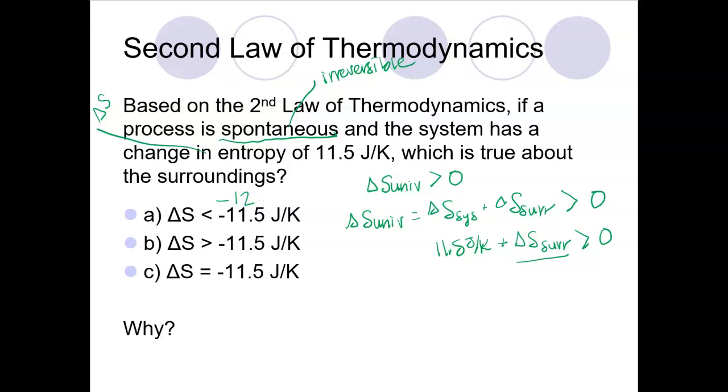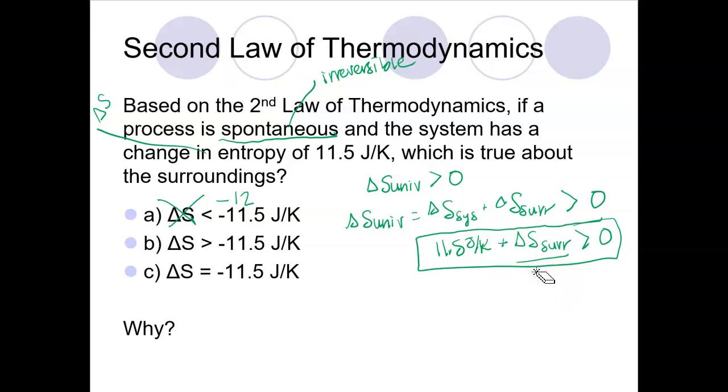So if delta S of the surroundings was negative 12, well, 11.5 joules per Kelvin plus negative 12 joules per Kelvin is not greater than 0. That would actually be a negative number. So what fits this? What will make this true? If delta S of the surroundings is negative 12, not okay. So I'm going to cross out A. I'm going to erase that now.